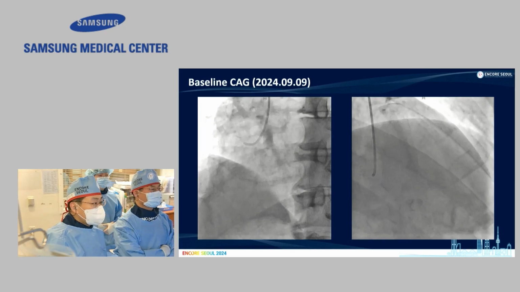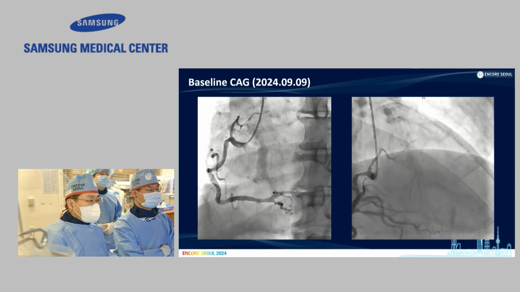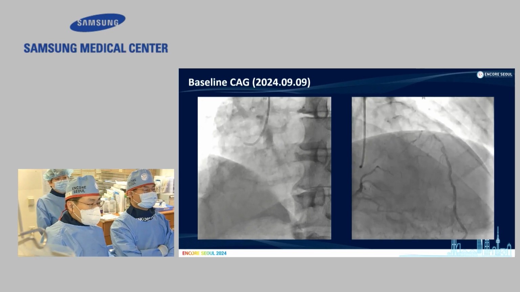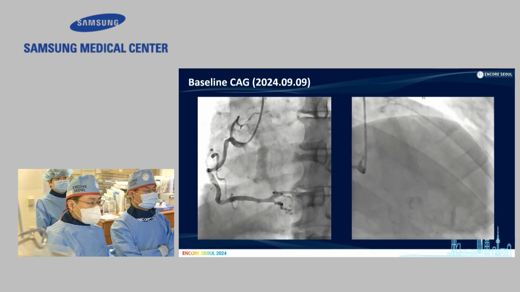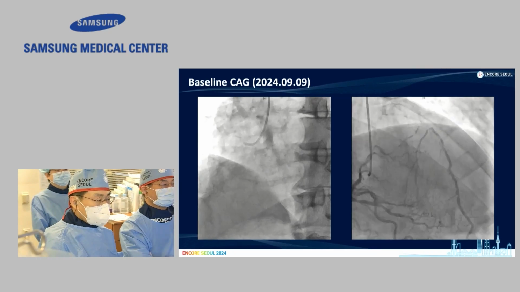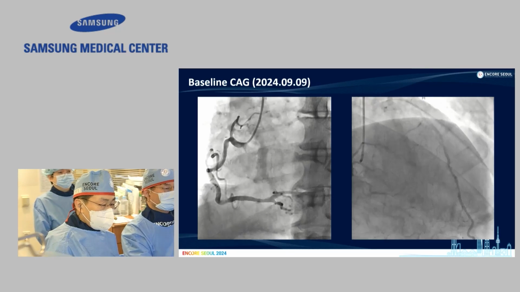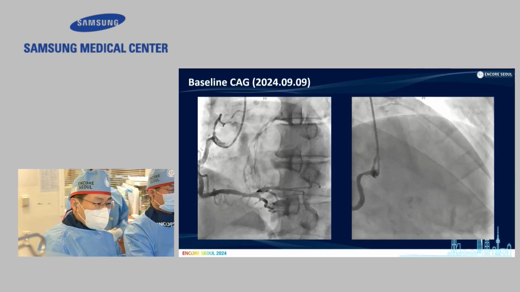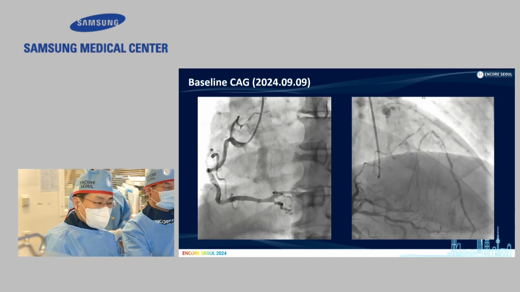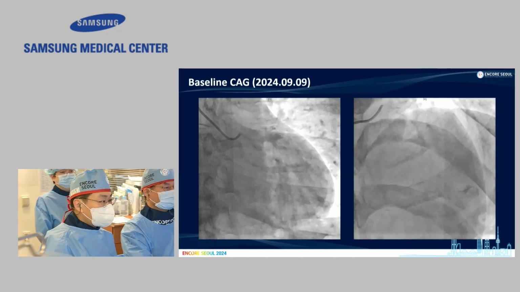Next slide. This coronary angiogram was performed 1 month ago. There was no significant stenotic lesion throughout the RCA, but we observed collateral flows from distal RCA PL to middle LAD. Next slide.